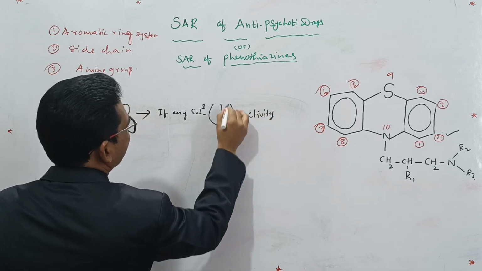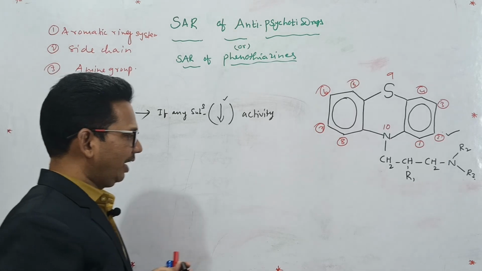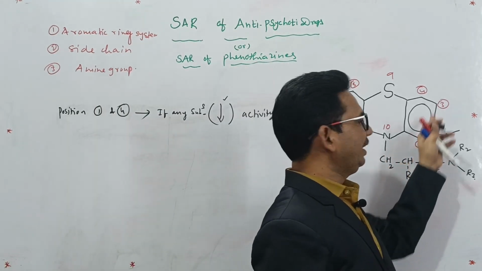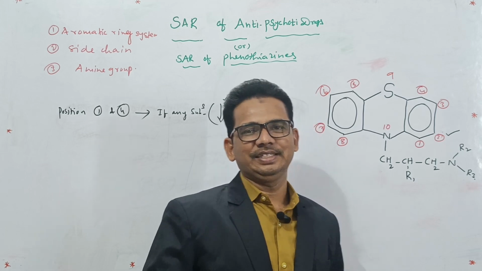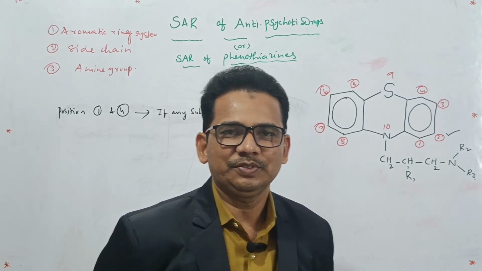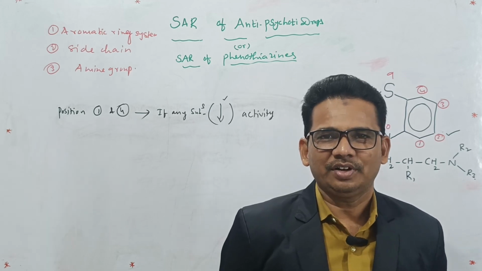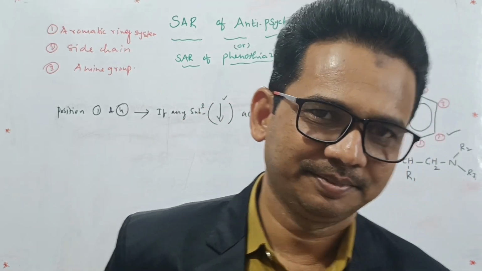It means we cannot substitute at the first and fourth positions, because for us the active position is the second one. That also you have to substitute with electron withdrawing groups. I hope you have understood this.